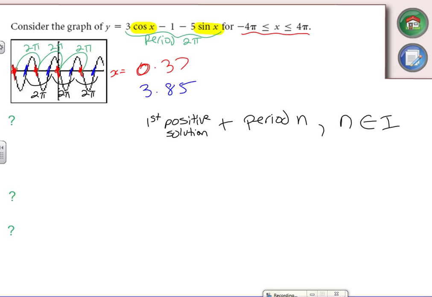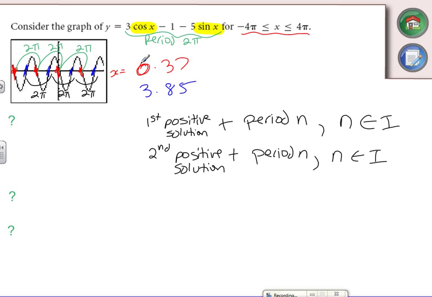Cookie cutter. Now we take our second positive answer and we do the same thing. Add the period, slap the n on, NEI. Done. Looks like this. X equals 0.37 plus 2n pi, 2 pi, and I slap the n.